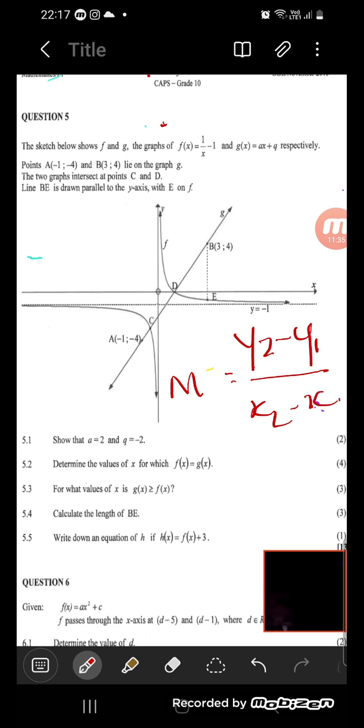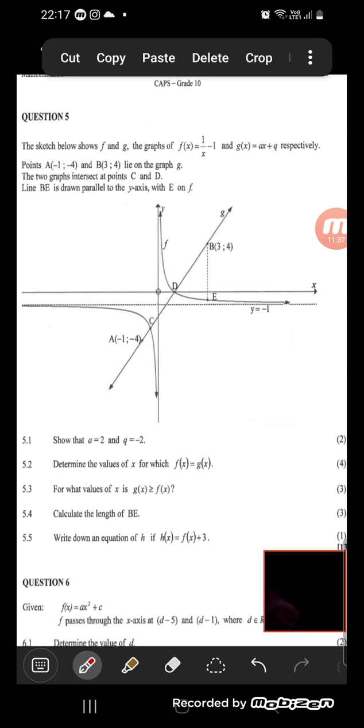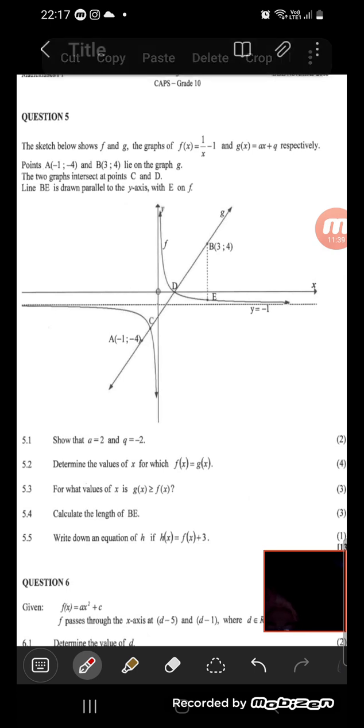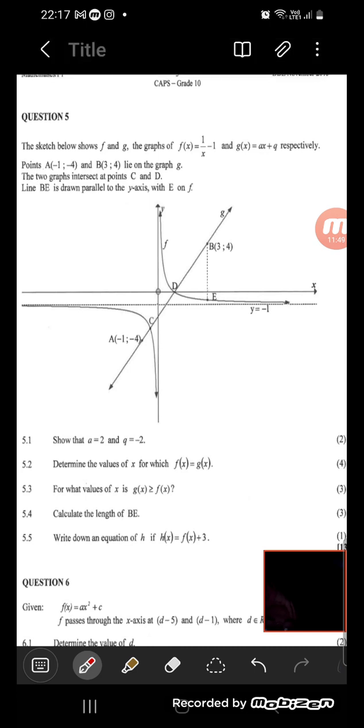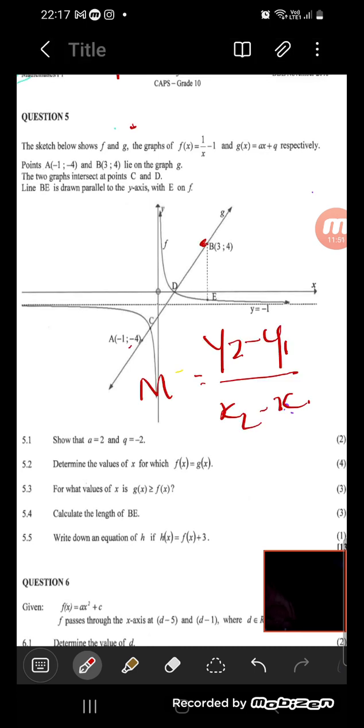Where the y is in terms of x, you can see what the gradient is doing. How many y's per x.